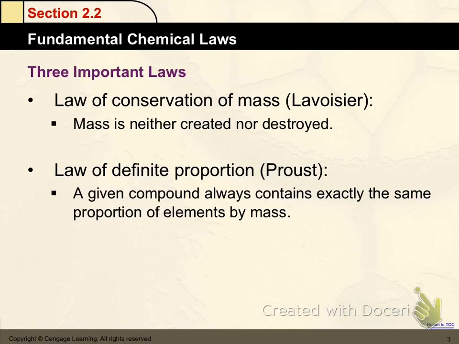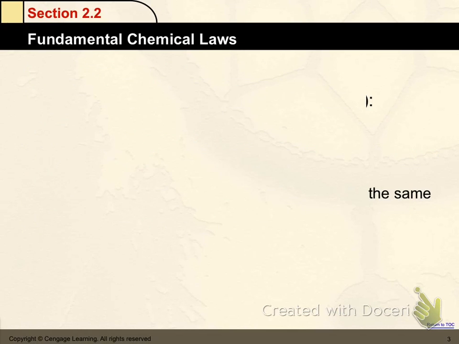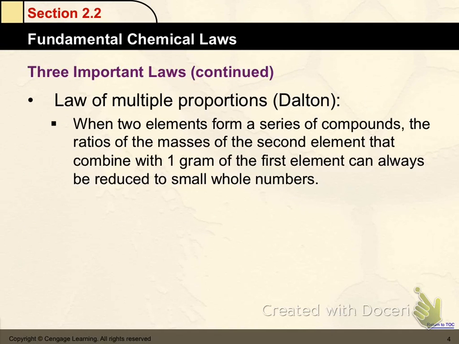So essentially what that means is, water is always H2O, so it's always got two H's, one O, and those things contain exactly the same proportion of elements by mass. Okay. Let's continue that to the law of multiple proportions, and that says that when two elements form a series of compounds, the ratios of the masses of the second element that combine with 1 gram of the first element can always be reduced to small whole numbers.